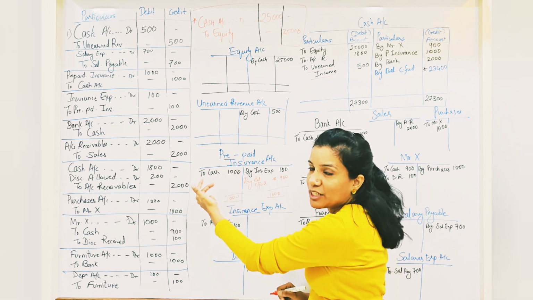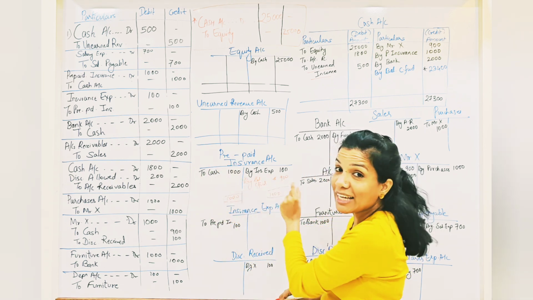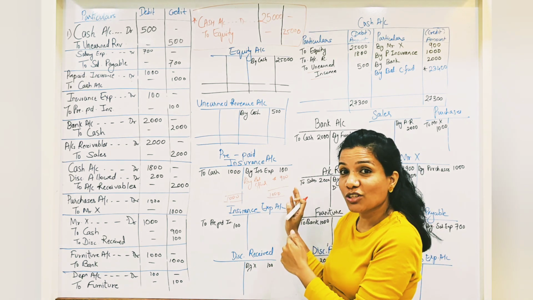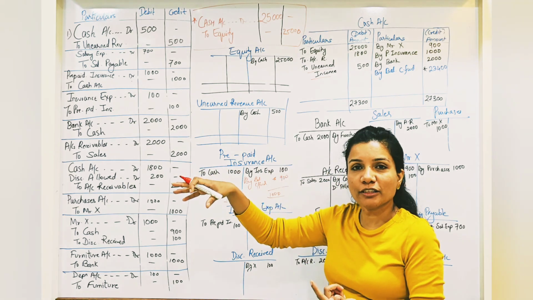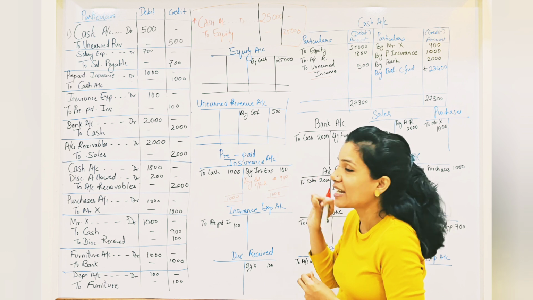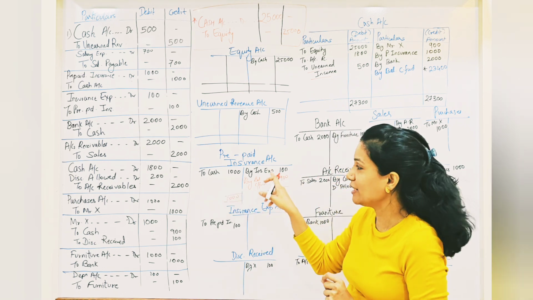The debit side, the left hand side, was heavier, which means this 900 was actually a debit balance. Correct? We are writing it on the credit side, but it is actually the debit balance. So when I post this further to the trial balance, which column will I write? Prepaid expenses 900. Now this is clear. I will record it at 900, not 1000, because 100 has gone.